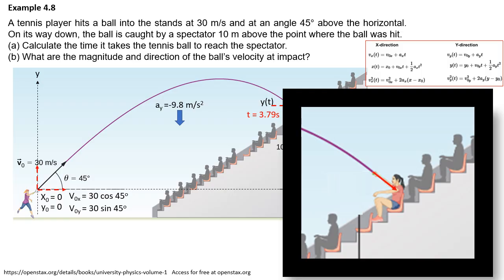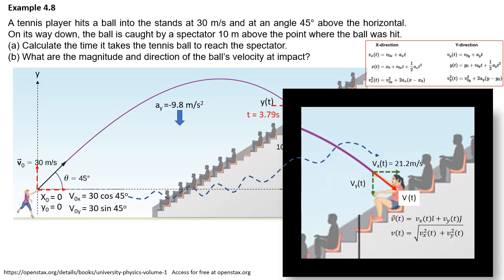So the velocity is shown as this red arrow, vt. vt is a vector quantity, and the velocity at this point is vxt i plus vyt j. vx is the x component of the velocity and vy is the y component. We know that the x component has no change because there is no acceleration in the x direction, so the value remains the same, 21.2 meters per second. But we don't know vyt, which we need to calculate.